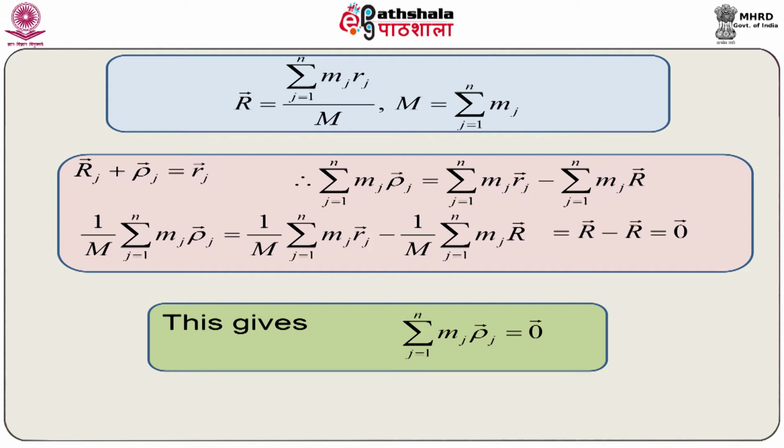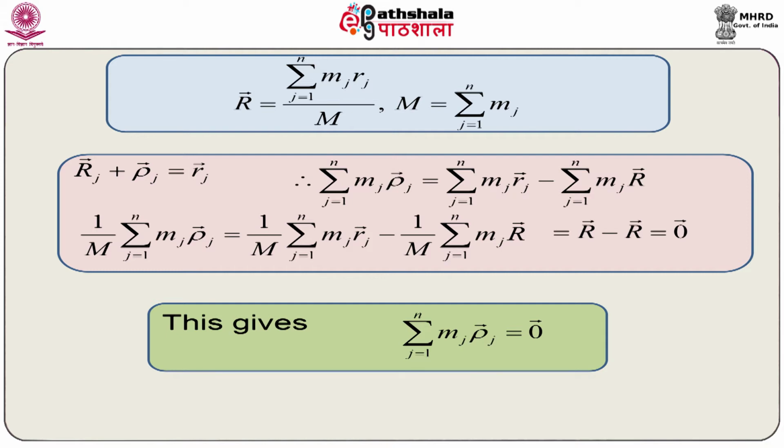Multiplying this relation by mass small m suffix j and taking the sum over j equal to 1 to n, we get this result. After transferring the term on the right hand side, dividing this by capital M, we get this result.